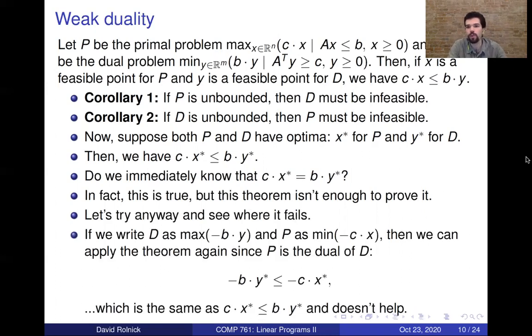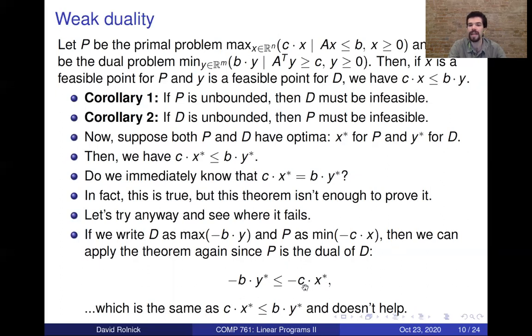If we rewrite the dual as the max of negative b dot y, and P as the min of negative c dot x, then we can apply the theorem again, since P is the dual of D. In that case, we would have that negative b dot y star is less than or equal to negative c dot x star from this result.